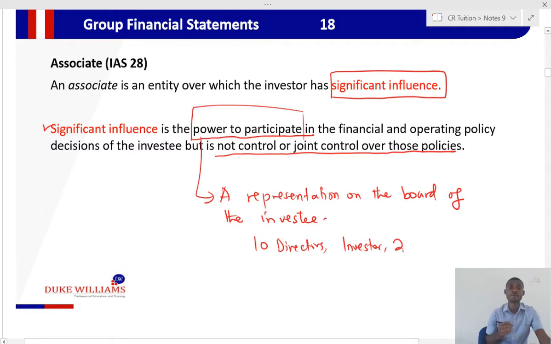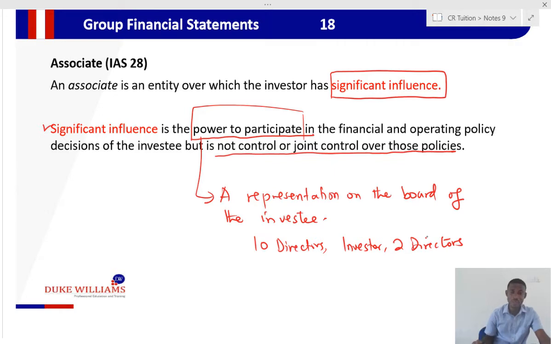And by virtue of having 2 directors, the investor will be able to participate. The investor will be involved in the decision making, financial and operational decisions. But it does not have a majority. And because it does not have a majority, it cannot control. So it would only participate. And that we call significant influence. And that indicates an associate position.